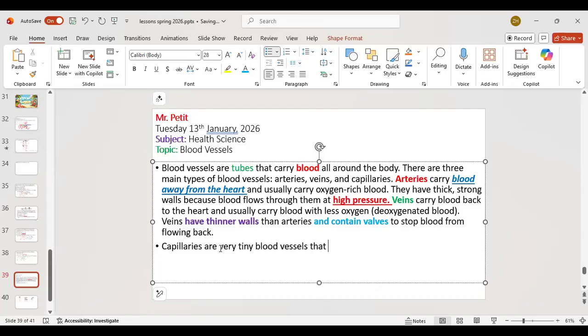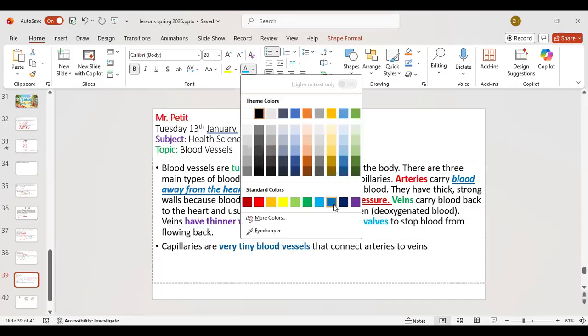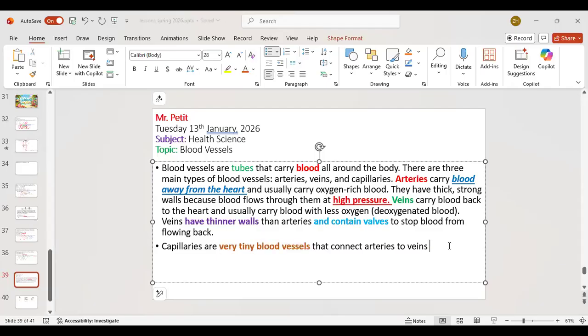Capillaries are very tiny blood vessels that connect arteries to veins. You ever see those people who have their arm with all the veins popping out? Why does that happen? When you have a lot of muscle, you need a lot of blood vessels to supply blood to them.